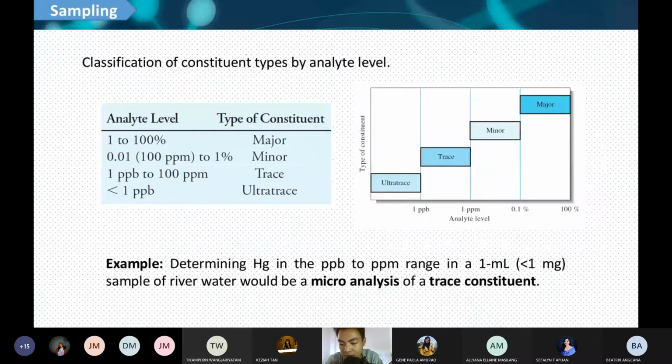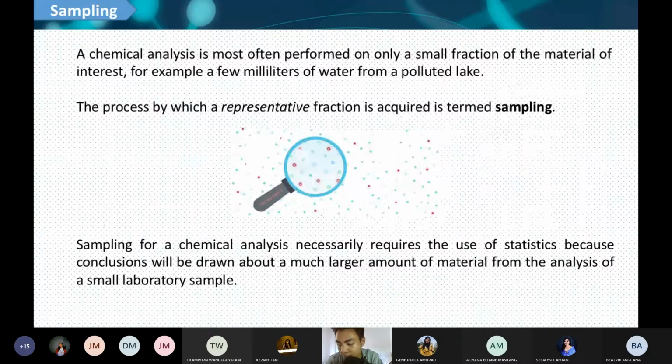So when doing chemical analysis, again, you only have to get the representative fraction. For example, if you are observing the blood chemistry of a person, you're not going to get all the blood of that person, right? Because the person will die.